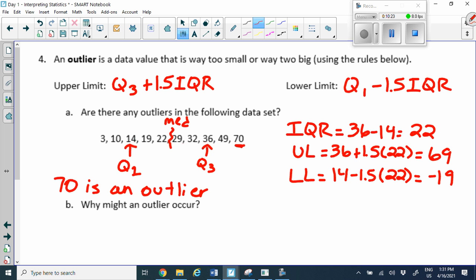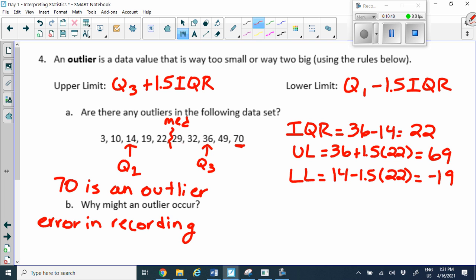Okay, so you might say, why might an outlier occur? Well, go ahead and pause the video and maybe think of why we would have an outlier. Okay, well, here are some ways. Error in recording or measurement, that is an idea there. Sometimes we make errors, okay?